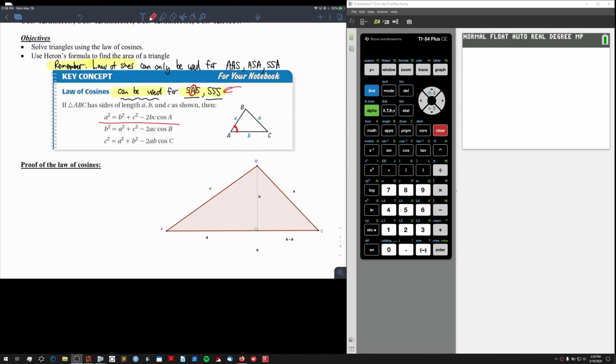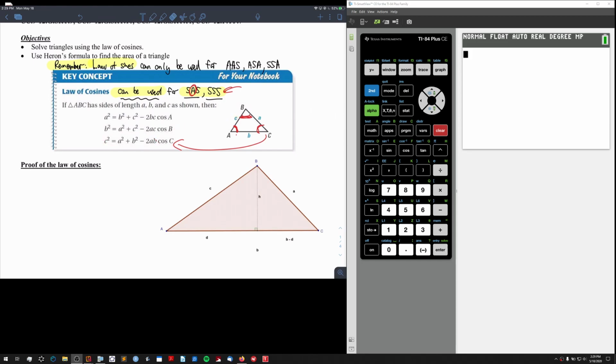So if my missing information is angle A, then I'll use this formula, plug in the stuff I need, and then solve for A. Alright, that's how that works. If my missing information is angle B, then I'll use this formula, because I should know all three sides. If my missing information is angle C, then I'll use this formula, because C is the angle I'm trying to find, but I know everything else.